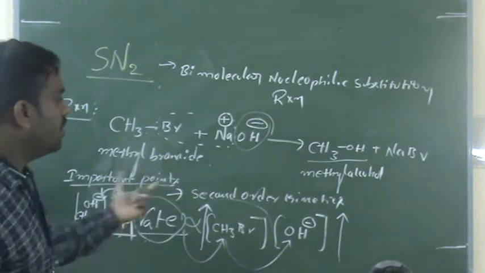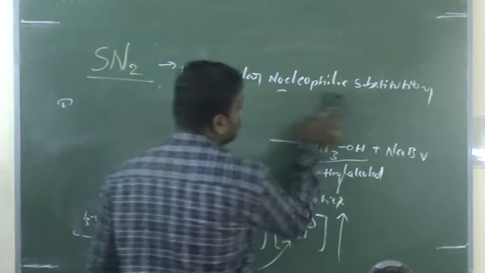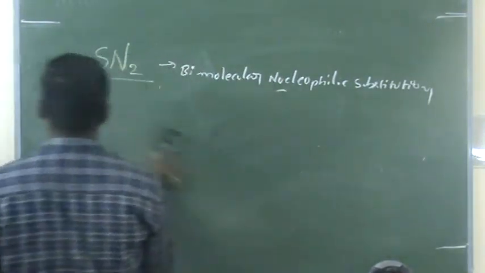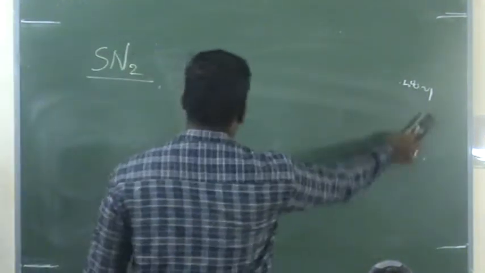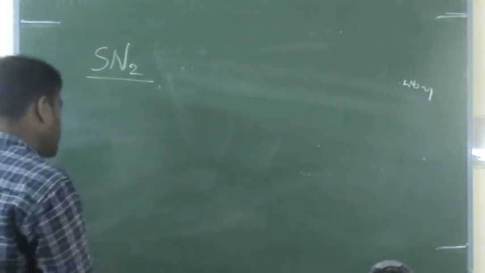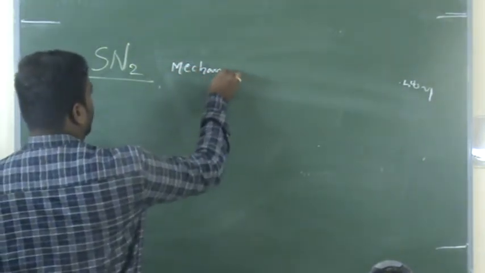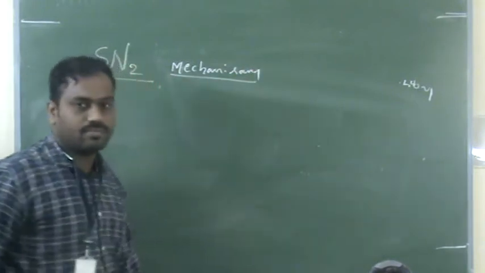So this is all introduction, and the next topic is called mechanism. What is the meaning of mechanism? In the last class we discussed it. Mechanism is nothing but the detailed, step by step study of one chemical reaction. Now we are going to discuss mechanism.